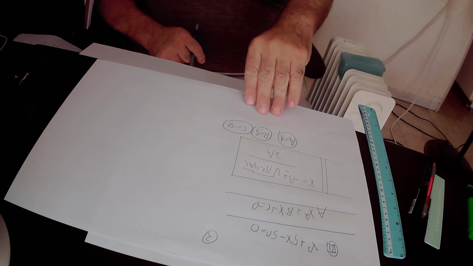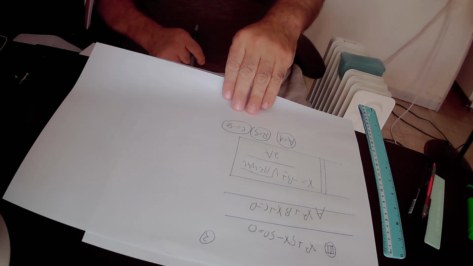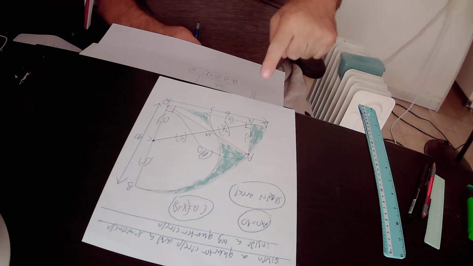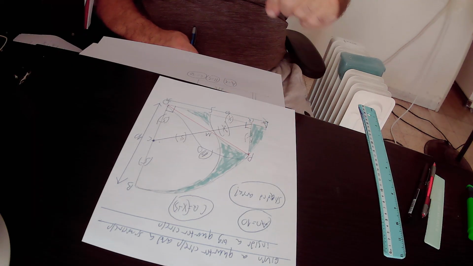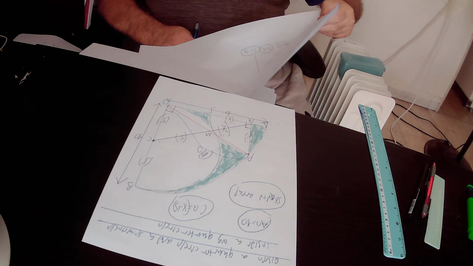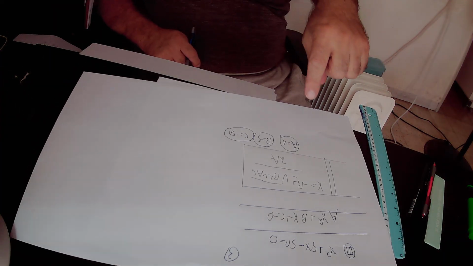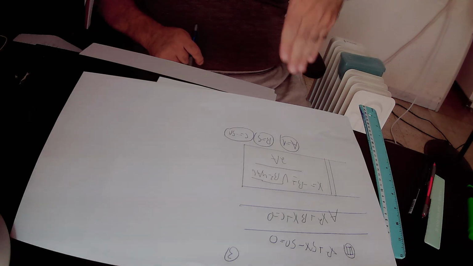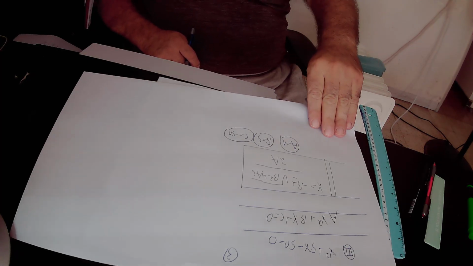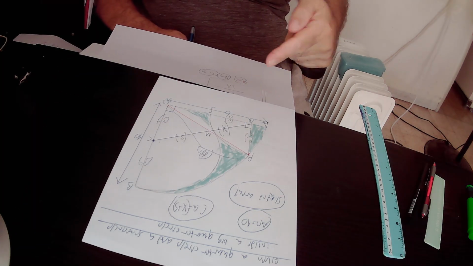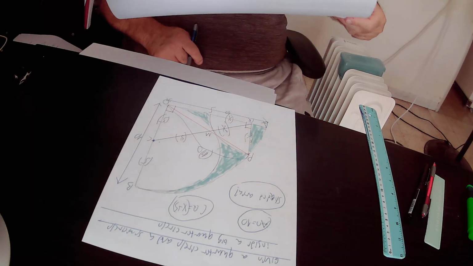We know that x, according to our definition, is the radius of this small quarter circle. So we will put the data inside this general formula in order to find the radius x of this small quarter circle.